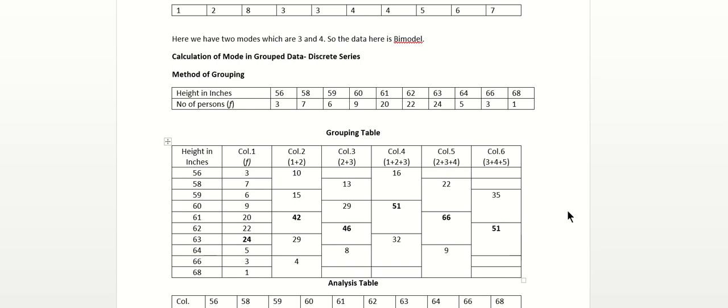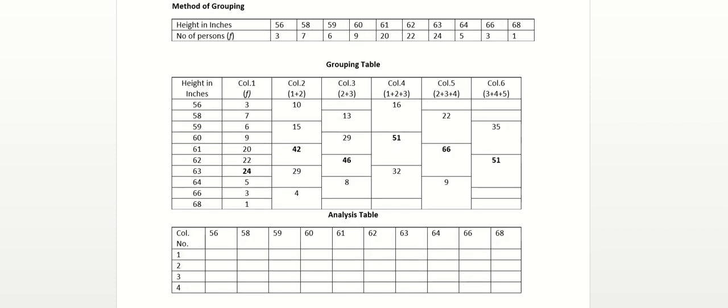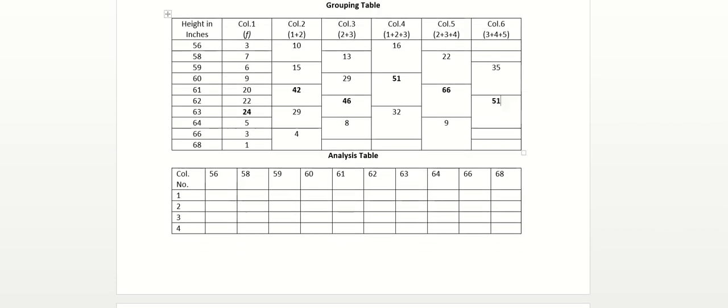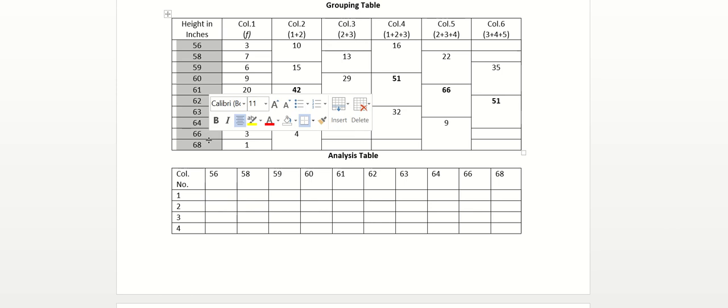Now, how do we use these highlighted values? The table which I have prepared now, I call it the grouping table. The next table which I have to prepare is the analysis table. So here the inches will come and the columns will come here.